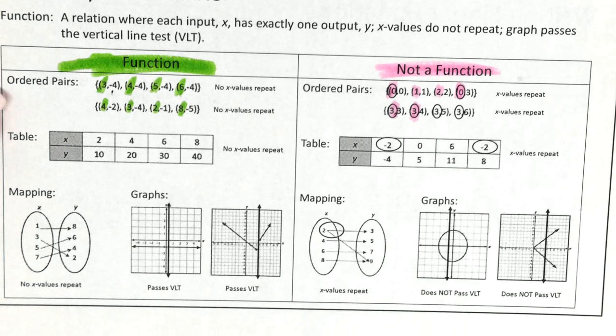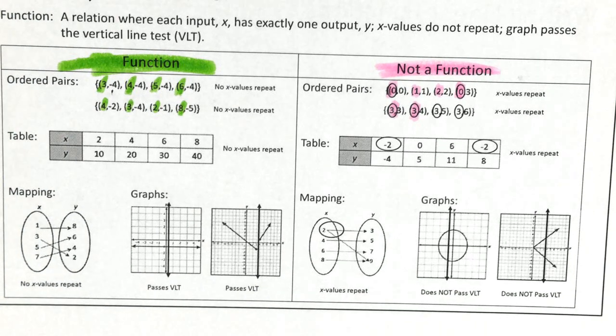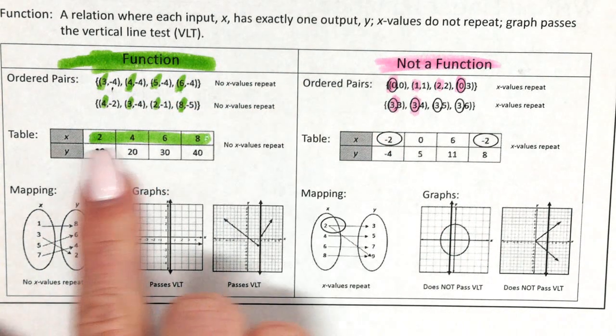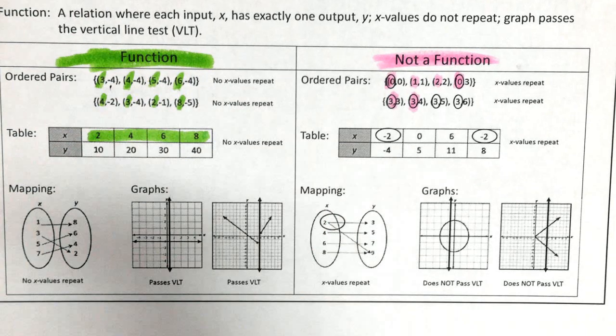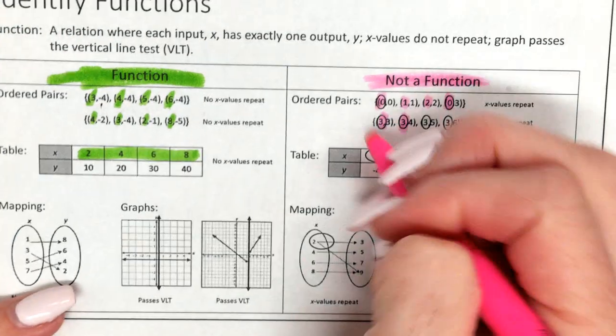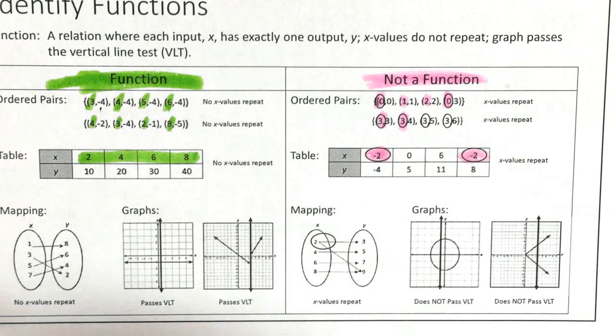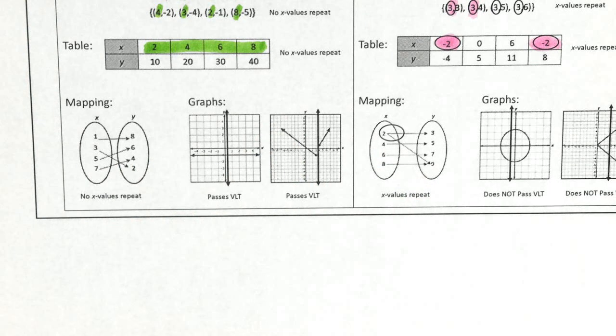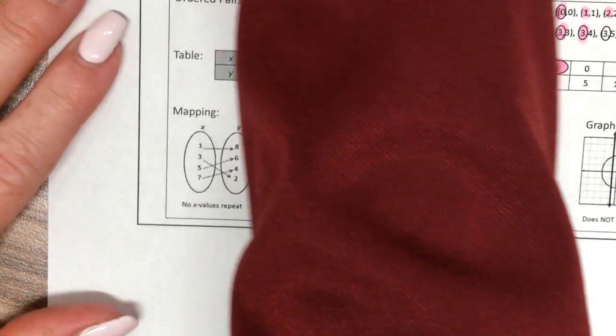All right, in a table, same thing. The x's cannot repeat. I have a 2, 4, 6, 8. Nothing repeated. That's why it's a function. But over here, I have a -2 and a -2. That is not a function because it repeated. When you're looking at mapping, remember what I taught you.